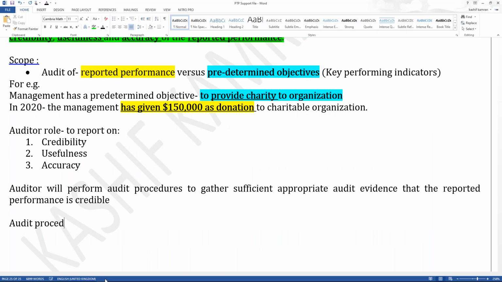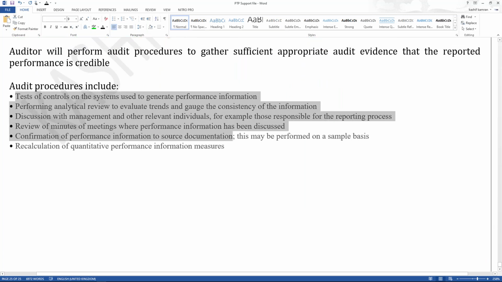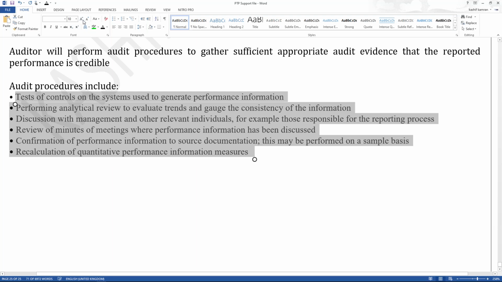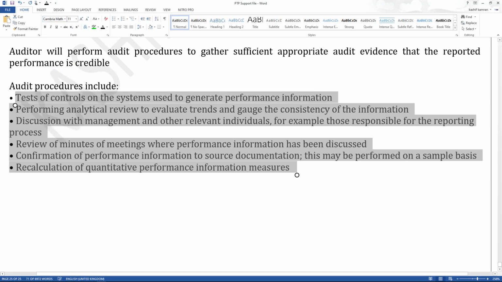The audit procedures include... I'm just taking the crux of the article, which will be really beneficial for all of you. Summary. So examiner is saying these are the audit procedures which can be performed by the auditor to verify the credibility, the usefulness and accuracy of the financial information.